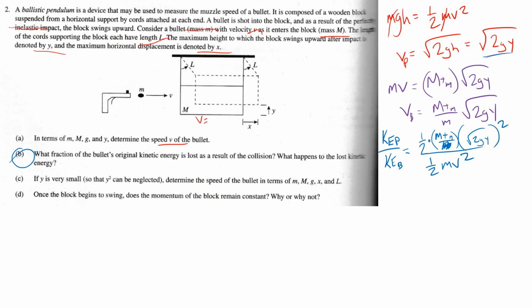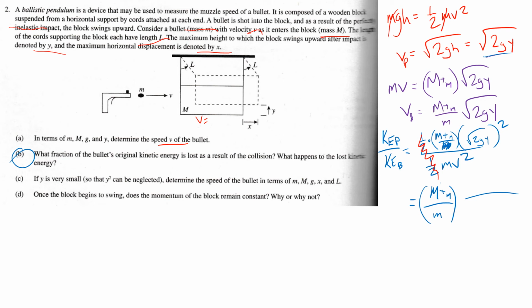Ta-da. And that's that. So doing a little simplifying here, because yes, we can cross out those 1/2. Now I'm going to rewrite this as two fractions, sort of, the part that's squared and the part that's not. So the part that's not squared is going to turn into (M plus little m) divided by little m.